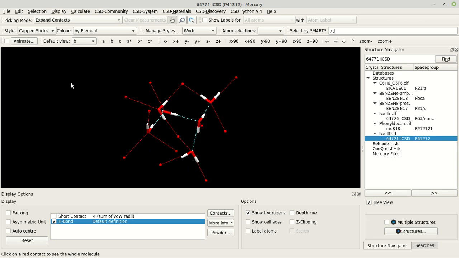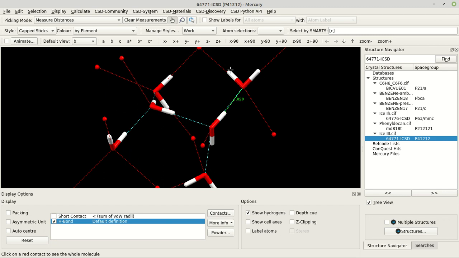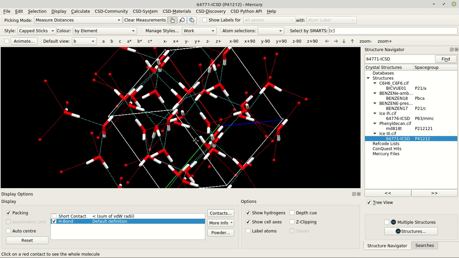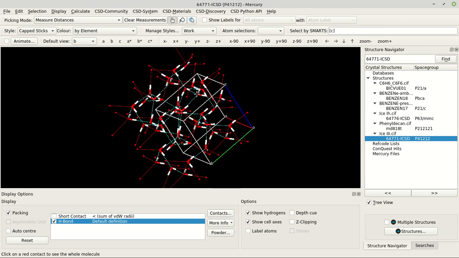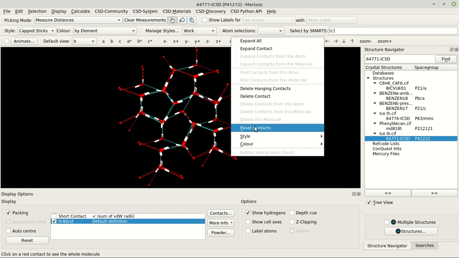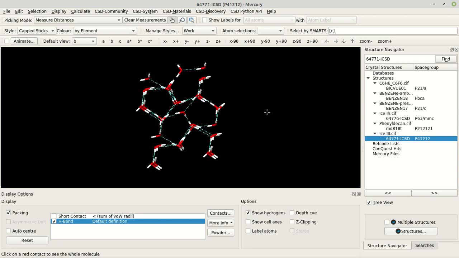Have a look, we can measure the distance. Measure the distance, for example, here and here, 1.83. If you look at the packing, it's a little bit confusing, but we avoid the cell exit and all these hanging contacts. Very nice to see the structure here.